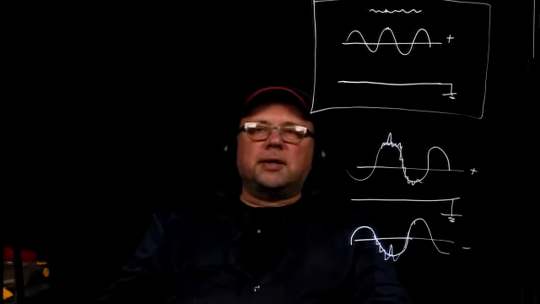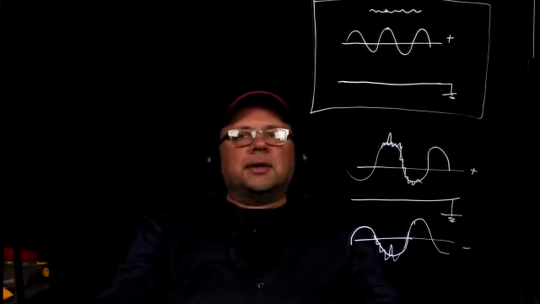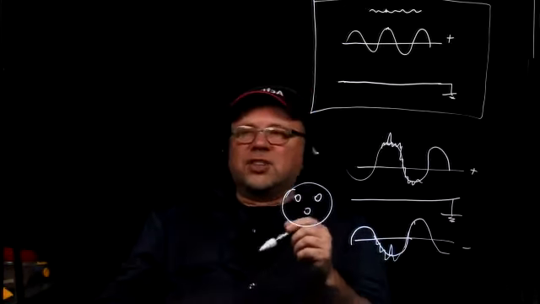The unbalanced jacks are basically those guitar plugs. They're called quarter-inch jacks. They look like guitar plugs. And the balanced jacks look like this here. It's a circle with 1, 2, and 3, and they're called XLR.